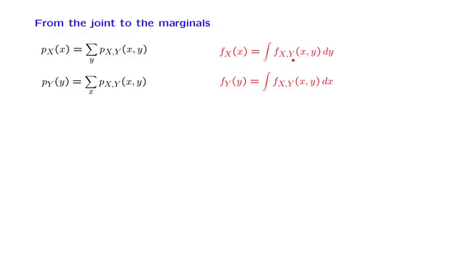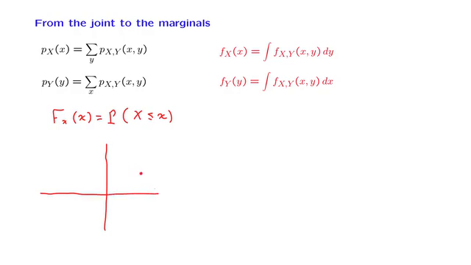But a proof of this formula is actually instructive. So let us start by first finding the CDF of x. The CDF of x is by definition the probability that the random variable x takes a value less than or equal to a certain number little x. And this is the probability of a particular set that we can visualize on the two-dimensional plane.